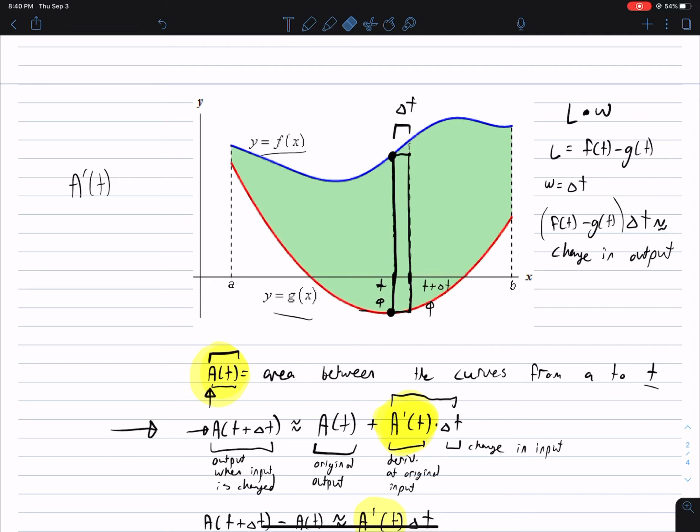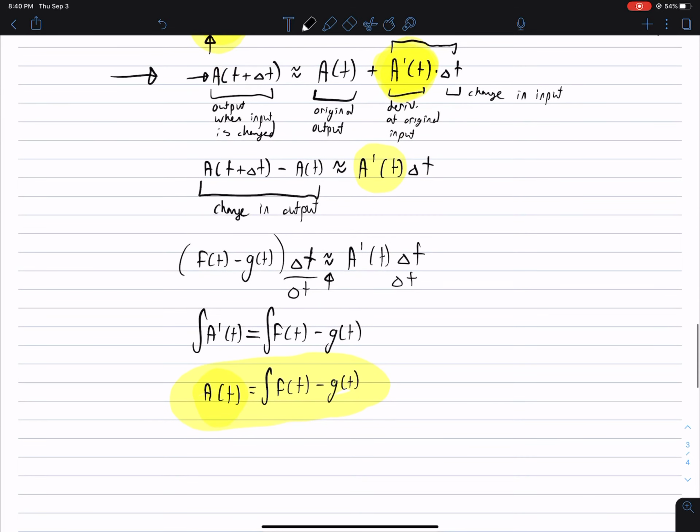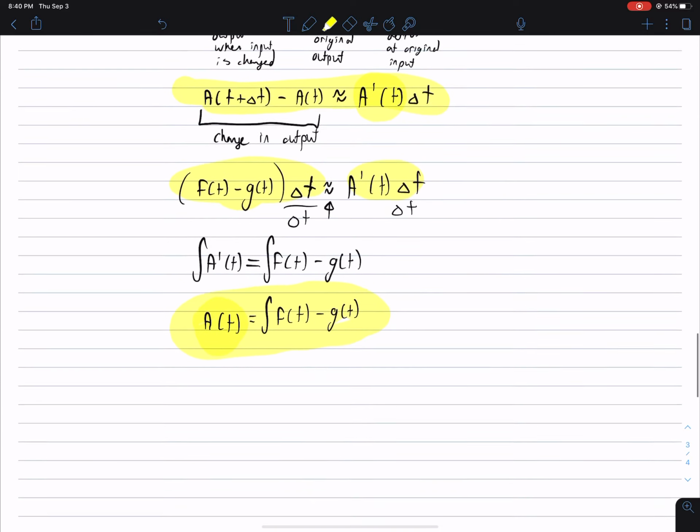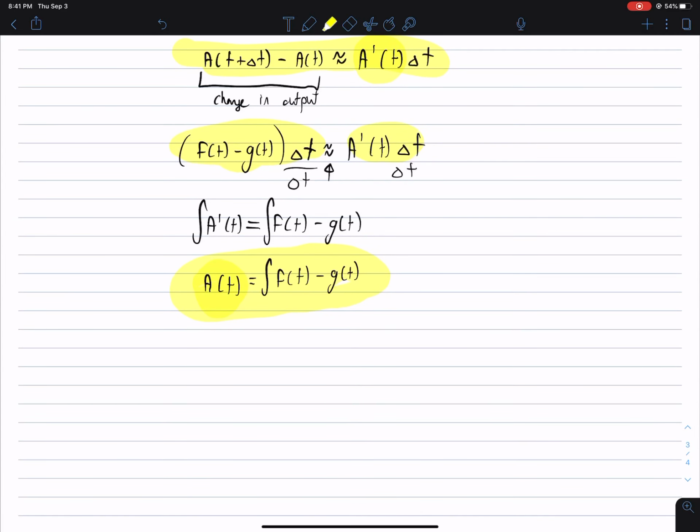So once you calculate that change in output, you're able to rearrange this formula we have down here so that change in output is on one side. Once we have the change in output on one side, substitute it with the information we got from our graph, and it works out so you have A prime of t on one side. You integrate both sides, and you're left with the formula that you're looking for.